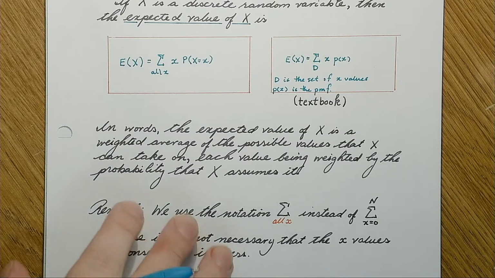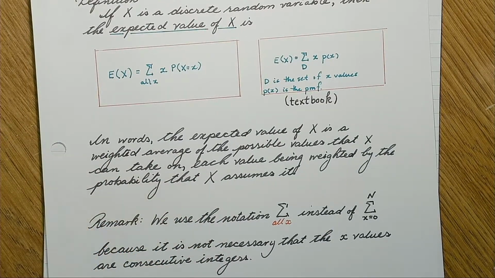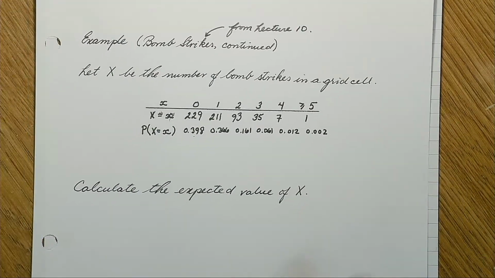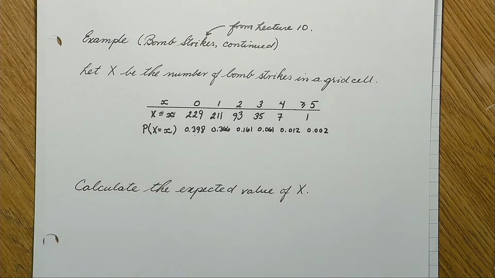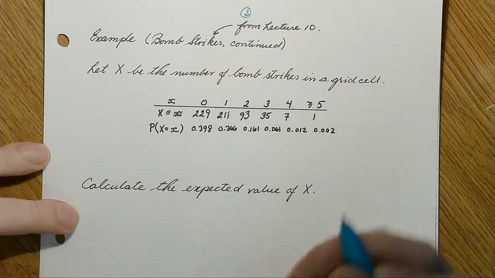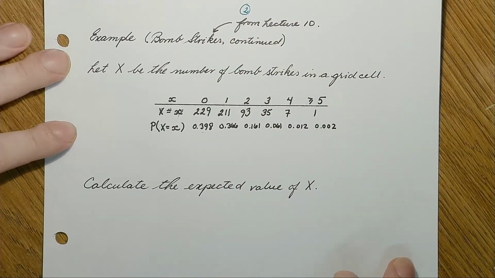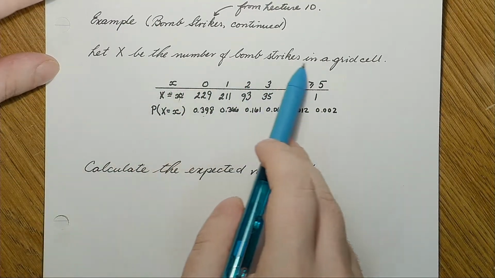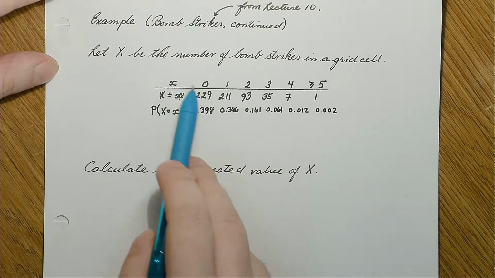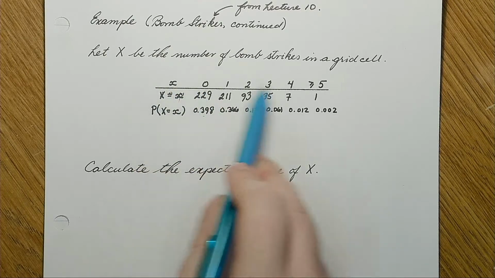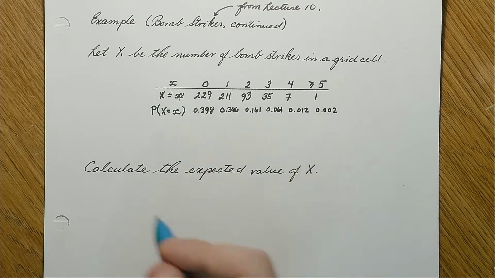So what we can do now is return to our previous example, which was with the bomb strikes in World War II in the south of London. This was an example that we had done in lecture 10, the last lecture, and we said that x is the number of bomb strikes in a grid cell, and here is the PMF, or the probability mass function. I have the x values, and then the probability values down here, and we're asked to calculate the expected value of x.